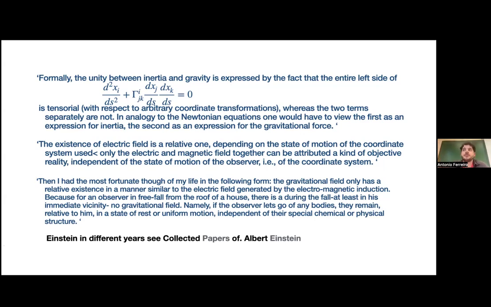Now, for Einstein, this doesn't make sense because he says, well, I can always take an accelerating system, put gravity on it, and then the acceleration is not there anymore. So there is no way of saying you are in an inertial frame with gravity or you're in an accelerating frame without gravity. So this distinction dilutes the notion of inertia in some way for him, at least at this point.